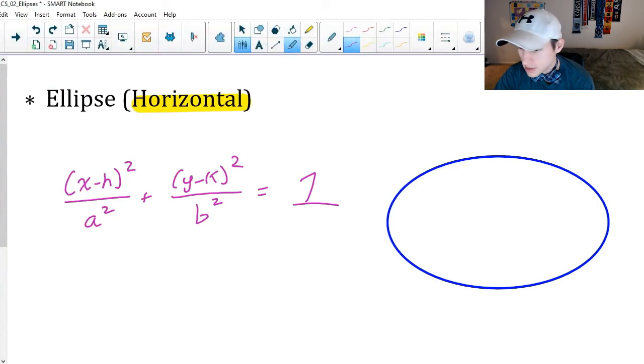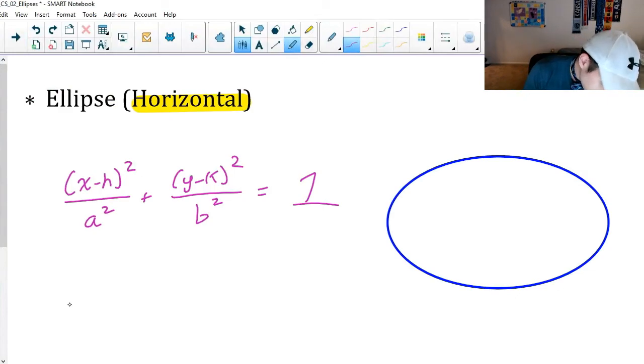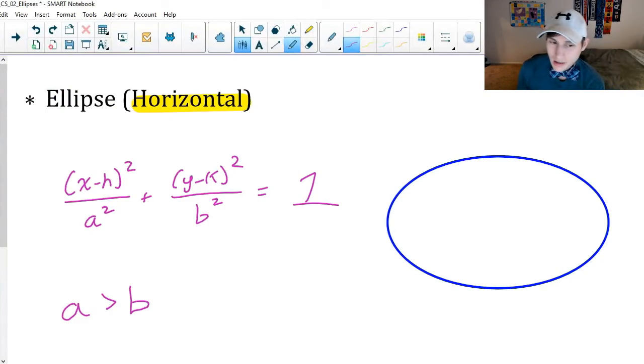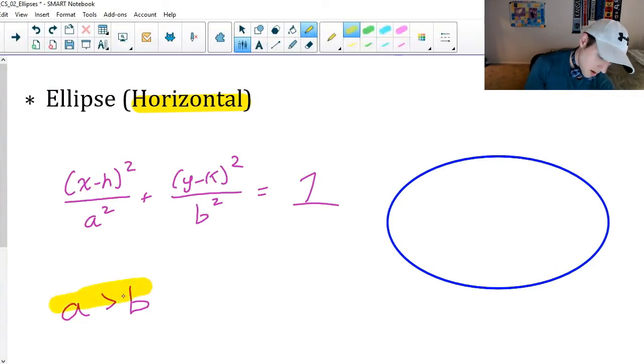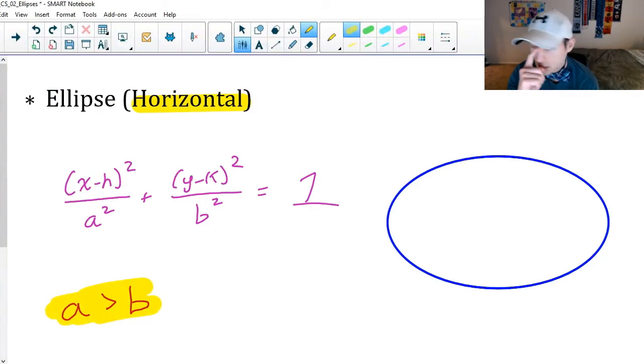And the equation of the ellipse looks like this: x minus h squared over a squared plus y minus k squared over b squared equals 1. The important thing to note is that a is bigger than b. And that is how we know that it's a horizontal ellipse.